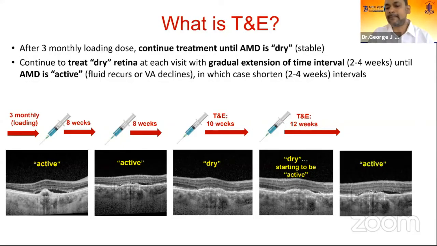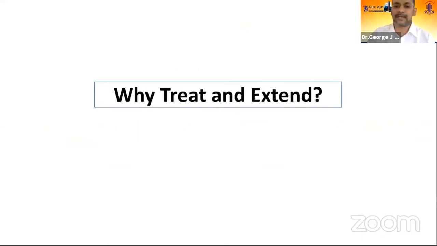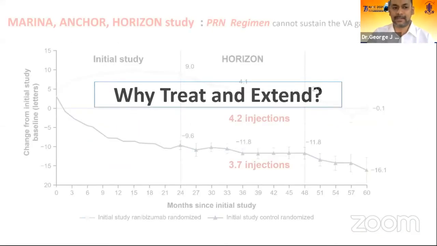But at that time, there is fluid here, so we shorten the visit, back to once in 2.5 months. This is exactly what happens in treat and extend: the patient gets injections, but they are tapered according to the patient's need, based on visual acuity and OCT dryness or presence of subretinal hemorrhage.